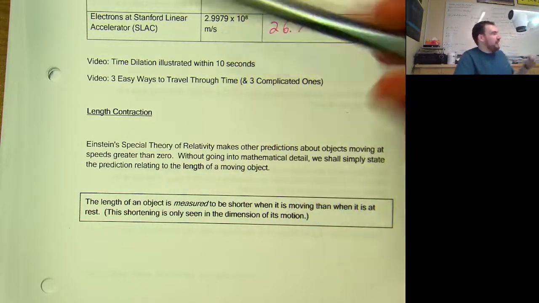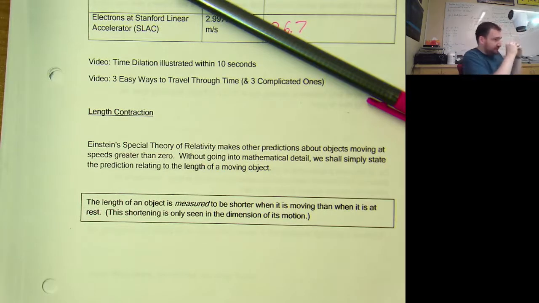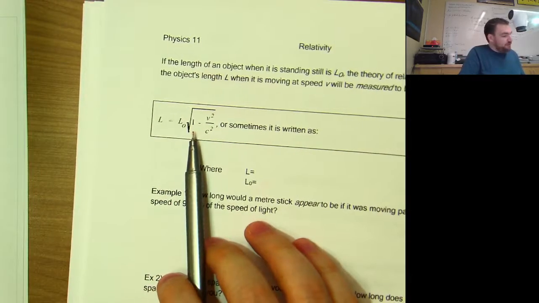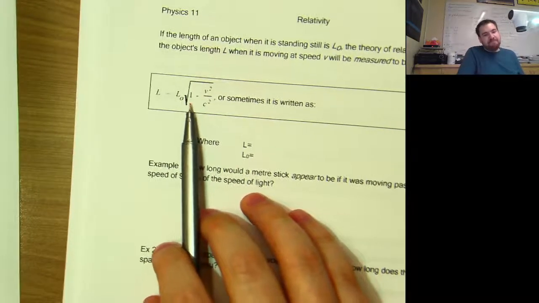So it's not like the entire thing shrinks. Its height stays the same. It just gets skinnier if it's moving that way. The length contraction looks like this. It's a similar equation to time.